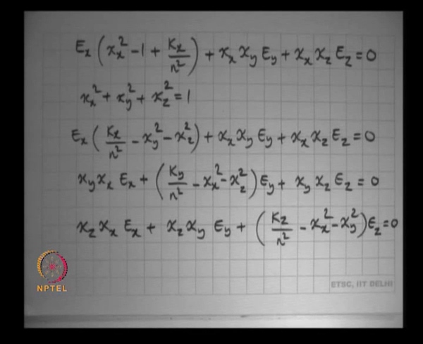If I specify the direction of propagation, I know kappa x, kappa y, kappa z. So, I still do not know n, the refractive index, and the corresponding Ex, Ey, Ez values. So, the values of n will be the eigenvalues of this problem, and the electric field vector which has components Ex, Ey, Ez will be the eigenvectors.